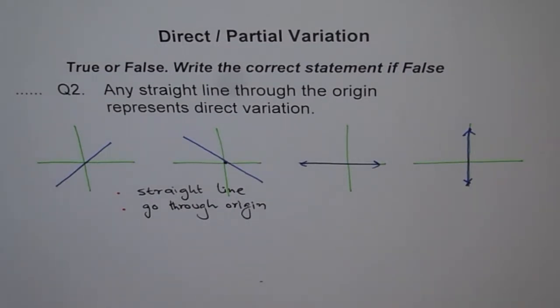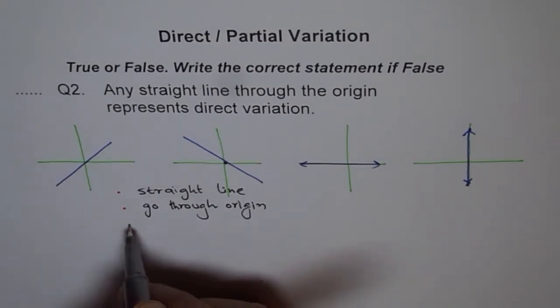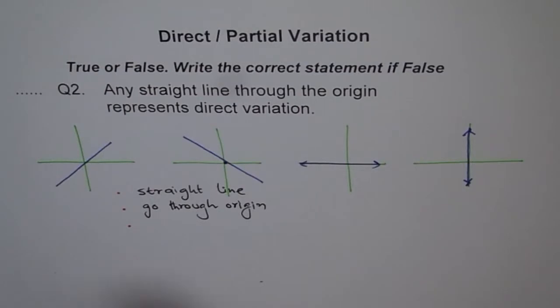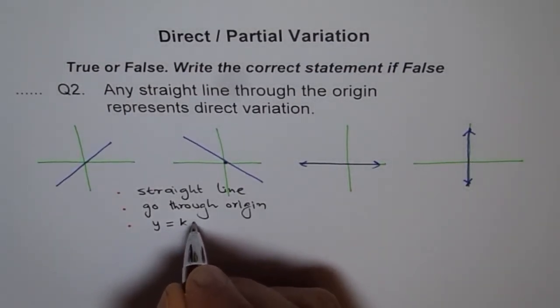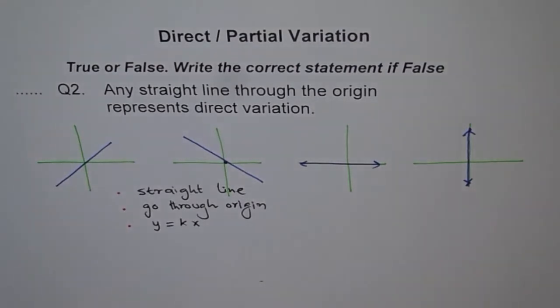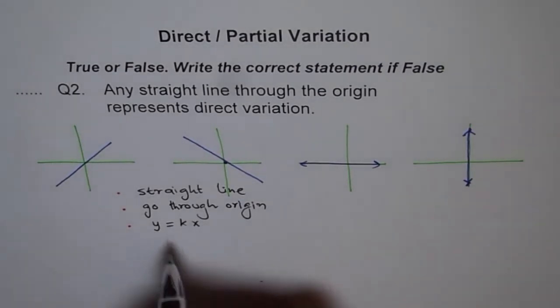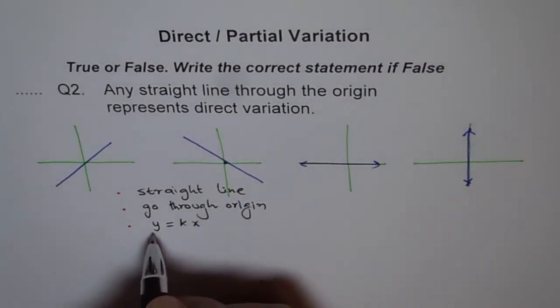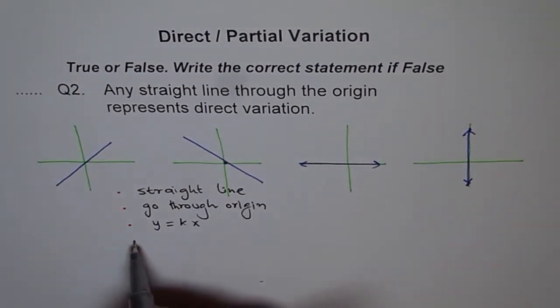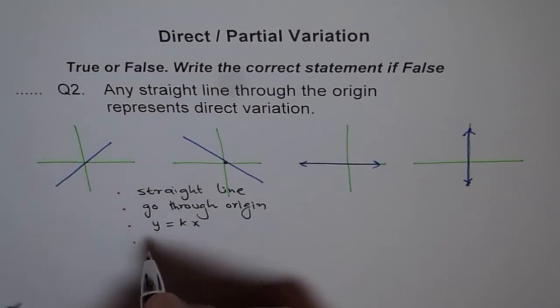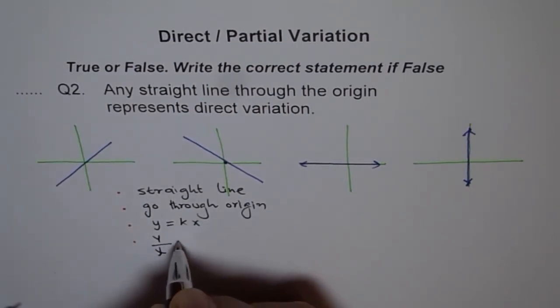Now, there was one more condition, 3, that y is equal to k times x, or the ratio of y and x, this can also be written as y over x equals k.